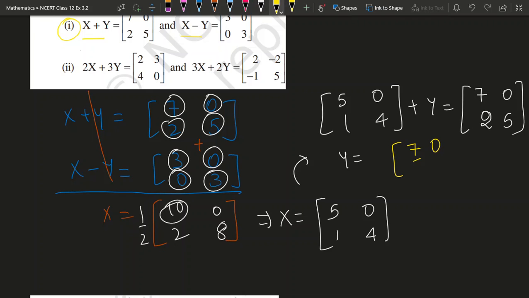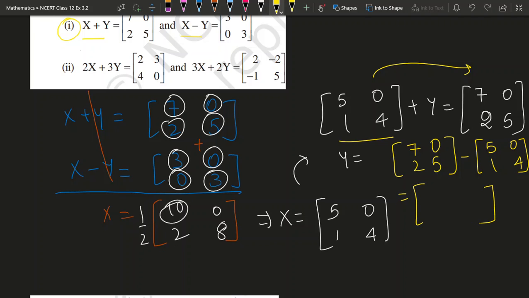So 7 0 2 5 stays there, but this matrix goes on to the other side to be subtracted. So 5 0 1 4. Now if you do that, you are doing again the element-wise subtraction. So 7 minus 5 gives you 2, 0 minus 0 gives you 0, 2 minus 1 is 1, and 5 minus 4 gives you 1 again. So you have found y and you have already found x, and that solves the problem.